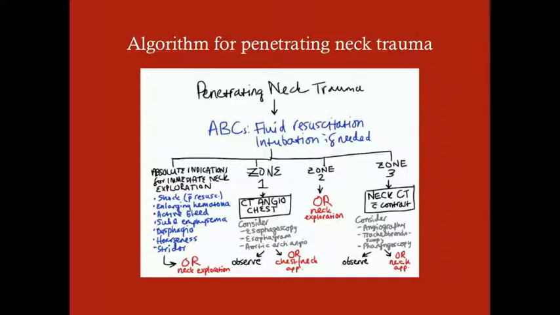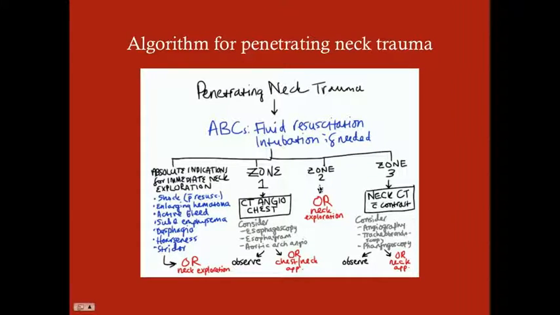Then you should ask yourself, are there any absolute indications for neck exploration? So shock, enlarging hematoma, active bleed that can't be stopped, subcutaneous emphysema, dysphagia, hoarseness, stridor, any of those, off to the OR. At that point, then you can ask yourself, what zone is this in?